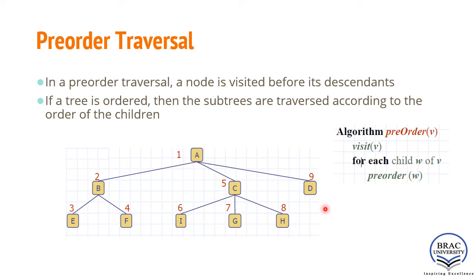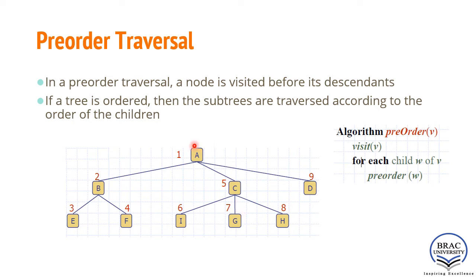This is a tree, but this is not a binary tree, no problem, because for pre-order traversal the order will be at first visit the root, then its left subtree, then its right subtree. Right subtree means actually left to right. So at first I need to visit A, then this one, then this subtree, and then this subtree. So that will be the visiting order.